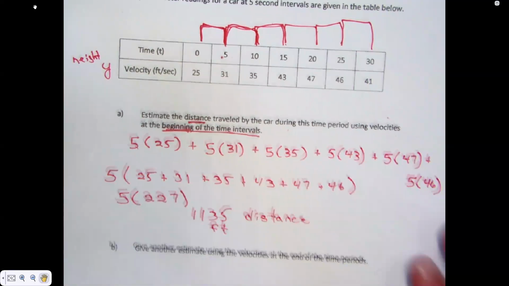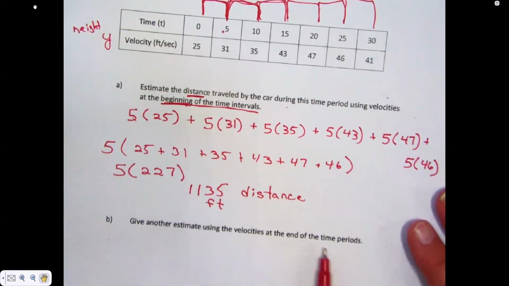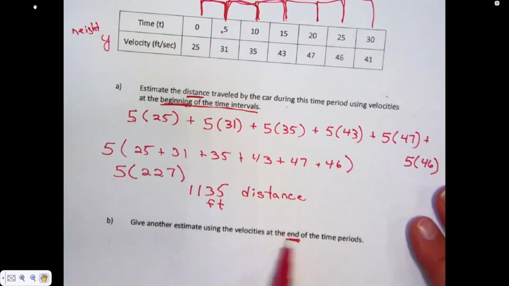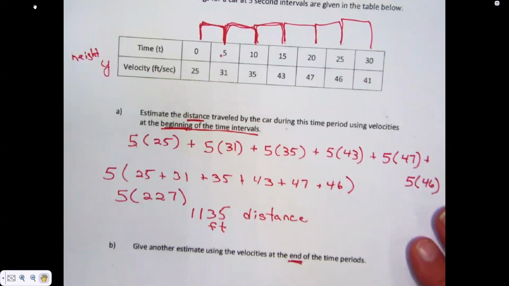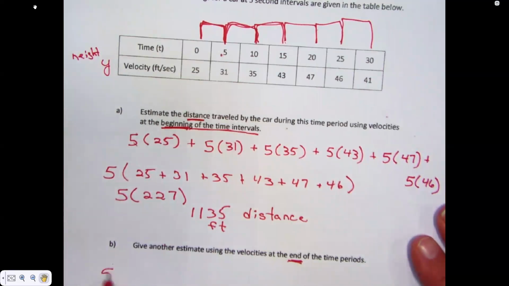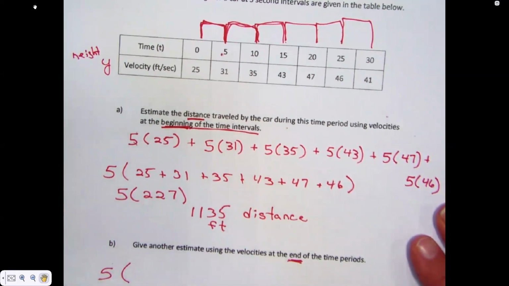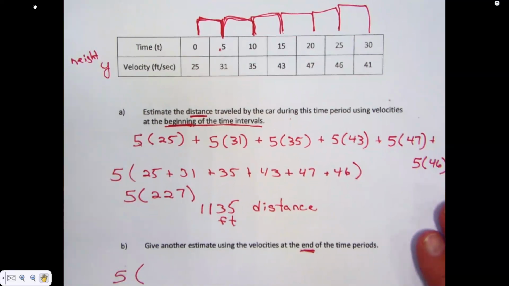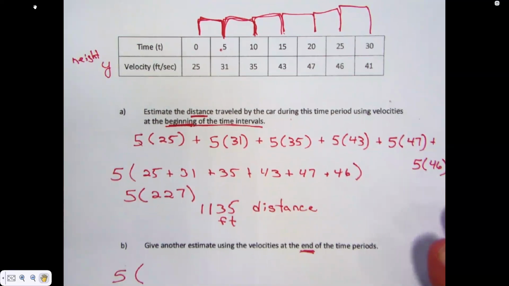All right, how about this next one? So using end time periods. So we know our interval is 5. We could even do the 5. And then our end, what's the first number that we're going to use? Our end y value is, what did you say?